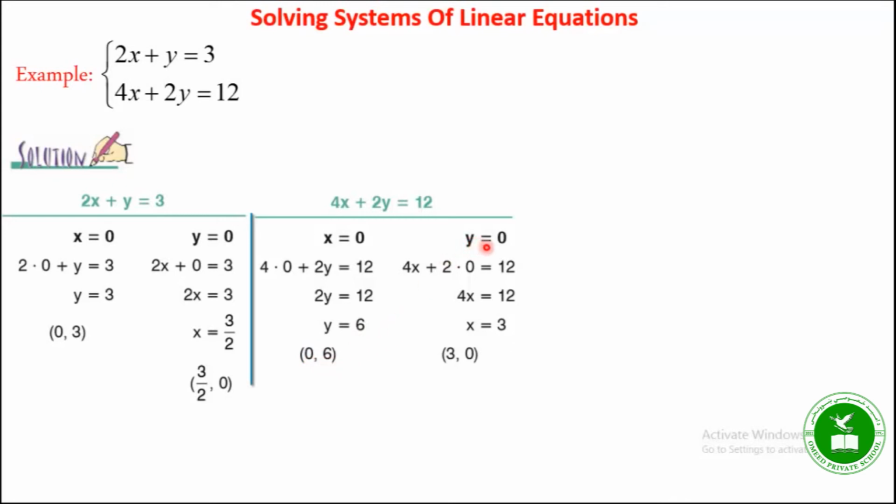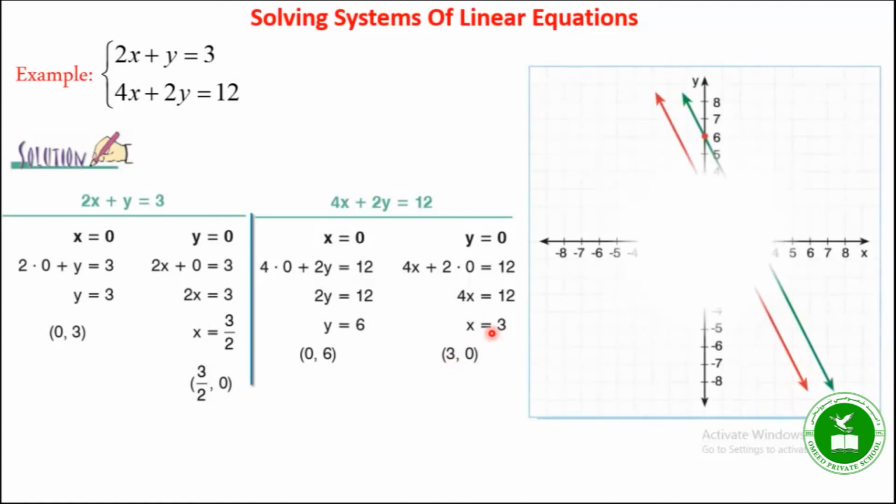And second, y will be equal to 0. That 4 times x plus 2 times y, in place of y we will put 0, is equal to 12. 2 times 0 is equal to 0. Then only 4x is equal to 12, dividing both sides by 4, x is equal to 3. If y is 0, x will be 3.